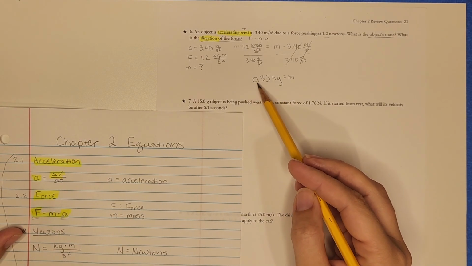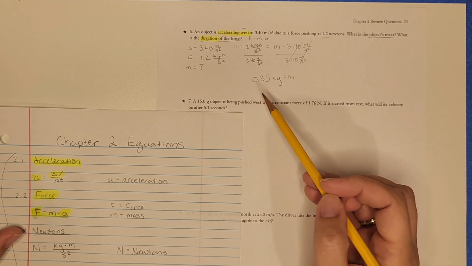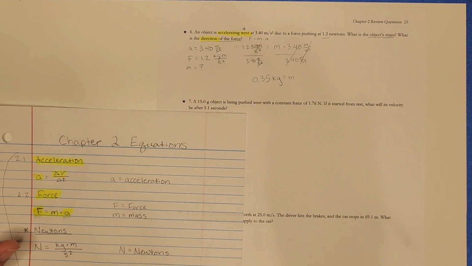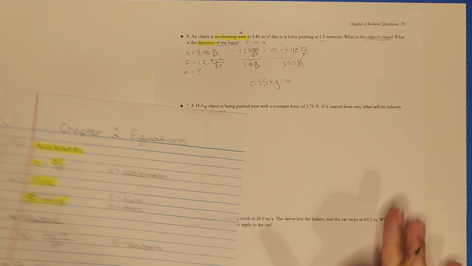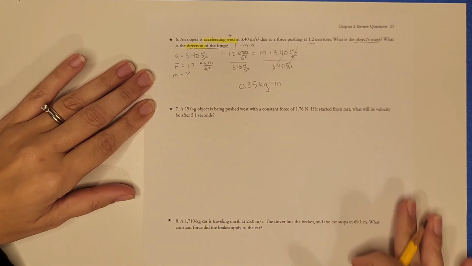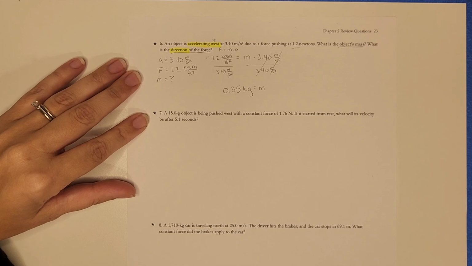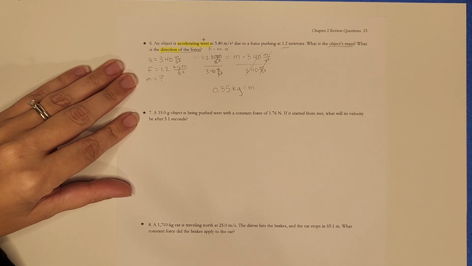Everything to the left of this decimal point, because it's 0, is not a significant figure. So 0.35 kilograms is correct as far as significant figures. As I told you last time, I like to write all my answers out in complete sentences because it's another chance for your brain to say, hold up, the units aren't correct, or I'm not answering the question that's being asked.